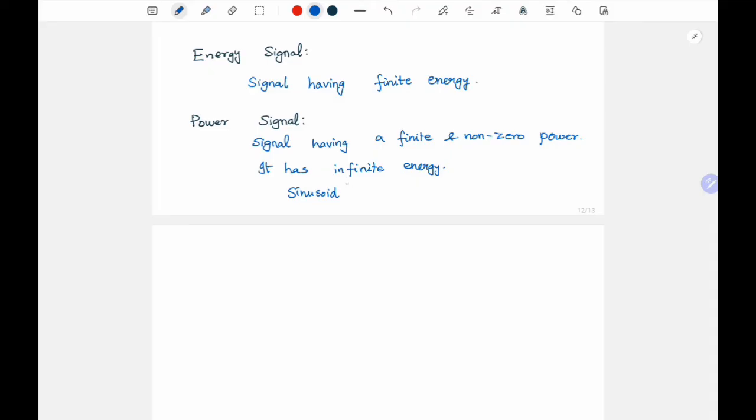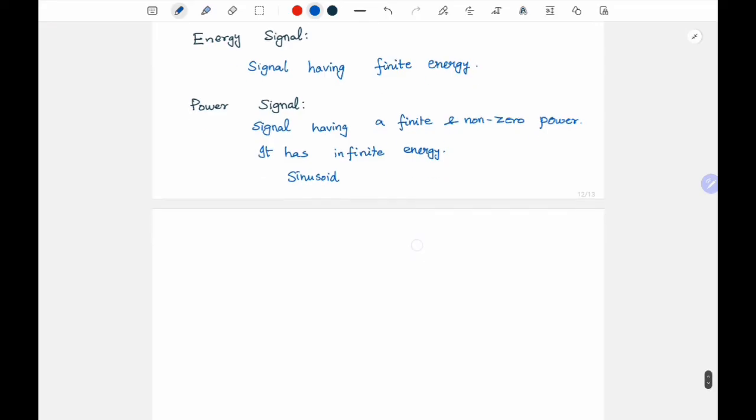Because it has infinite energy and you have to supply infinite energy, which is not possible. But later in the course, we'll see how this mathematically helps us to formulate certain things and represent other signals in terms of this sinusoid. So we require these kinds of definitions to help us later on.